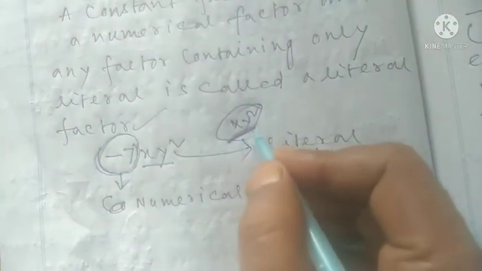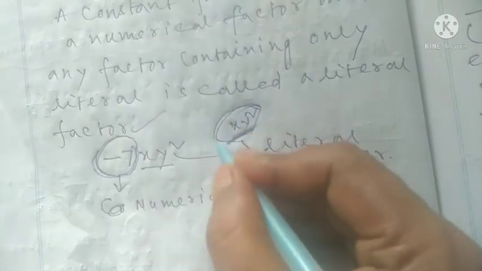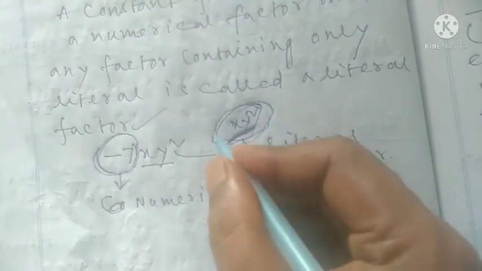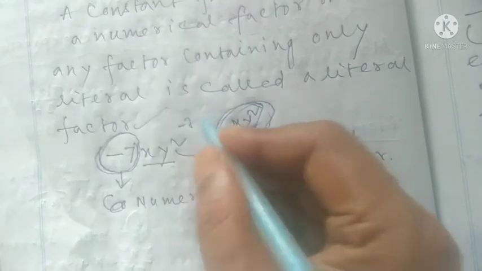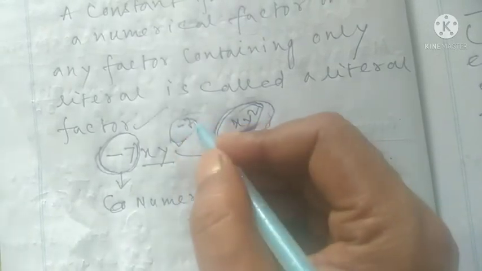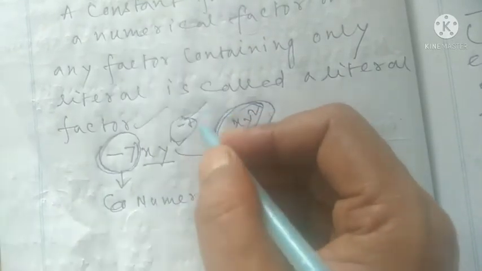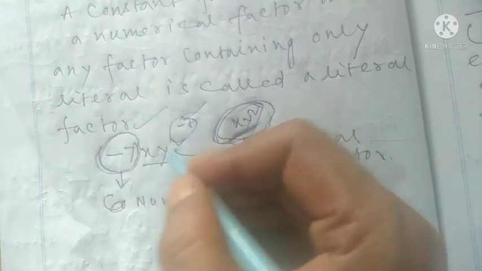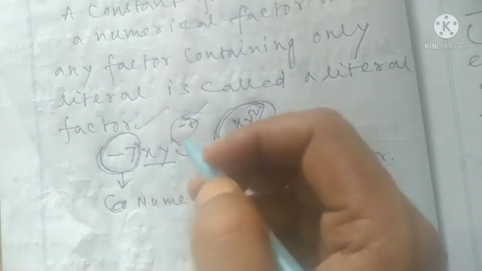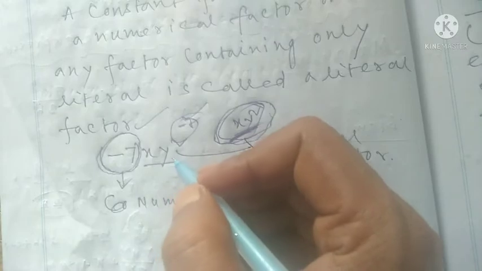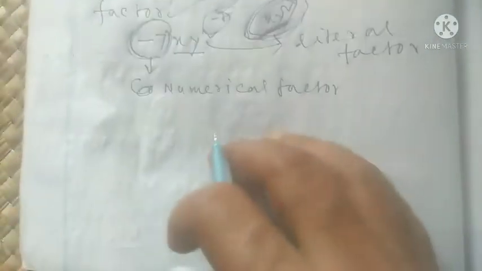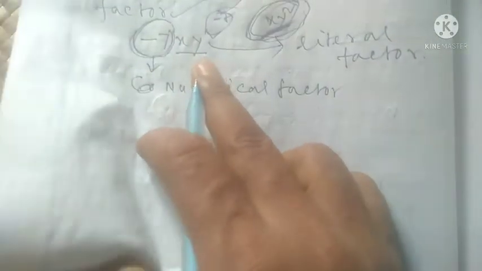There is a literal xy², there is no numerical value, only literals, so you can say this is the literal factor. And -7 has no variable, so this is the numerical factor. So it has a numerical factor and a literal factor.